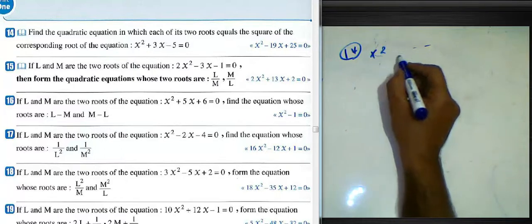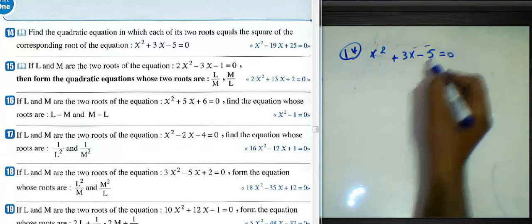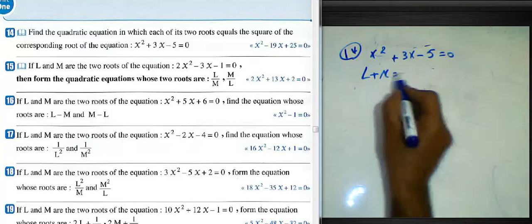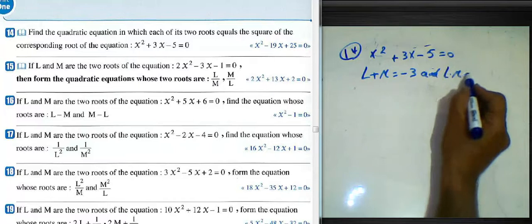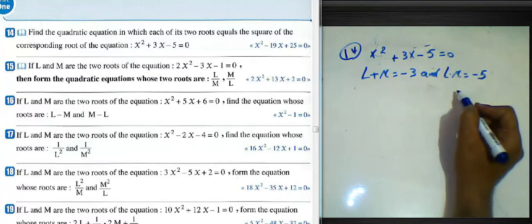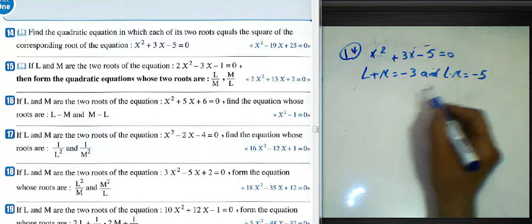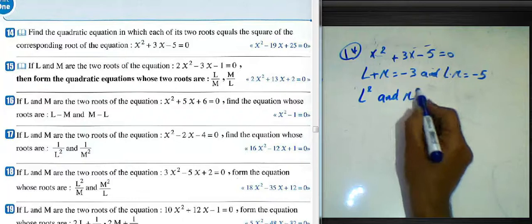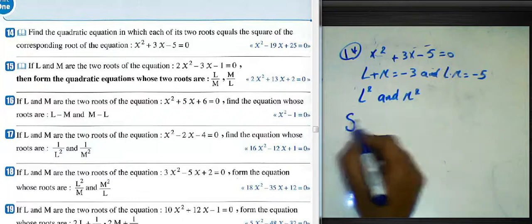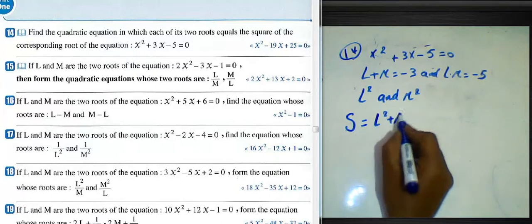We know L plus M equals negative 3 and L product M equals negative 5, and he wants to find the quadratic equation whose two roots equal the square of the corresponding roots of the equation. So the first root will be L power 2 and the second will be M power 2. So we can find the sum, S refers to sum: L power 2 plus M power 2.